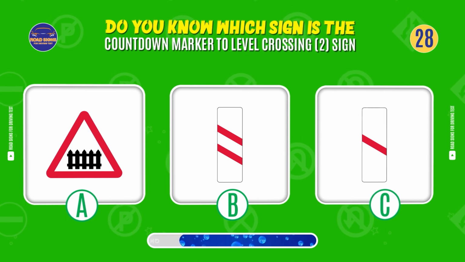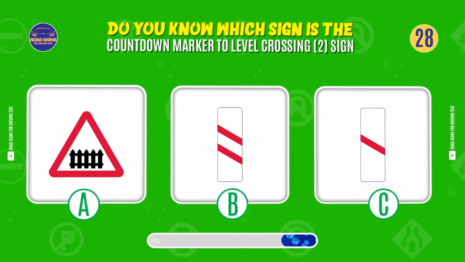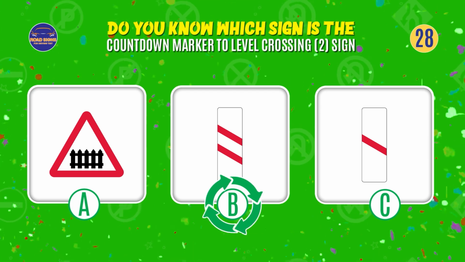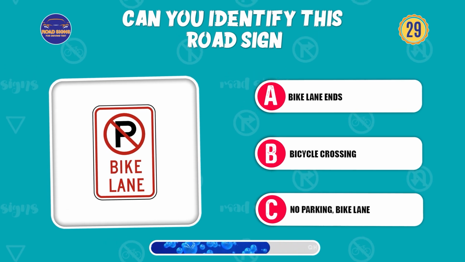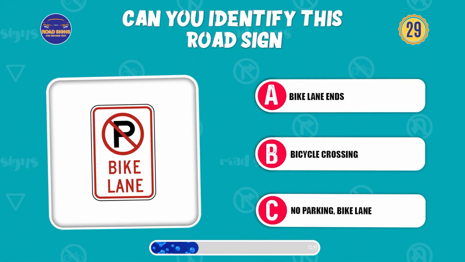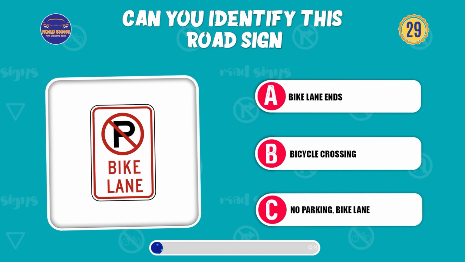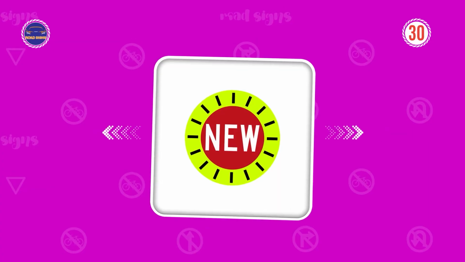Do you know which sign is the countdown marker to level crossing 2 sign? What parking regulation does this sign indicate? C. No parking, bike lane.